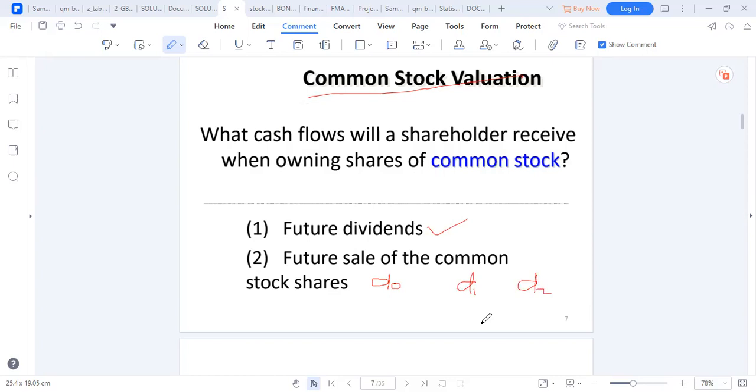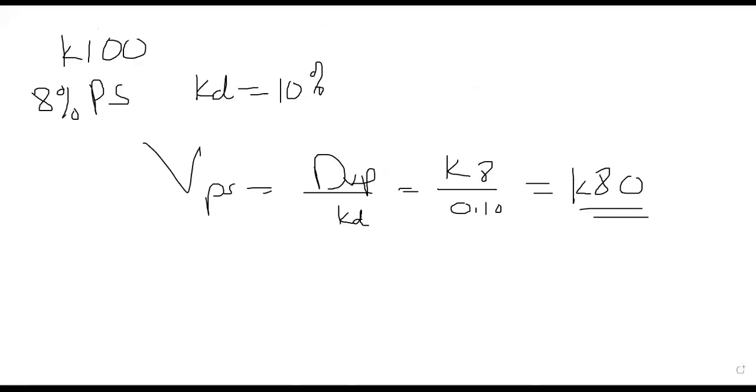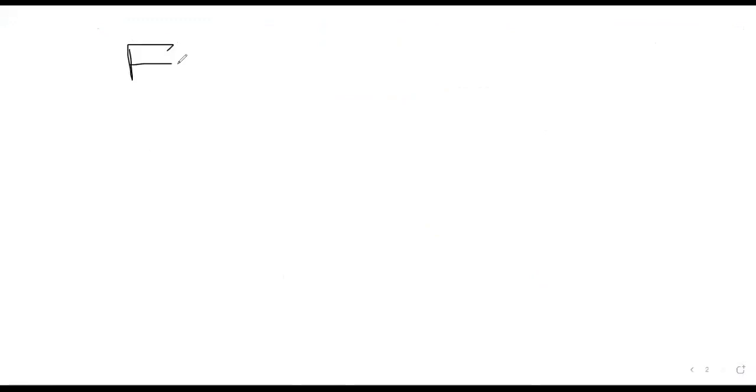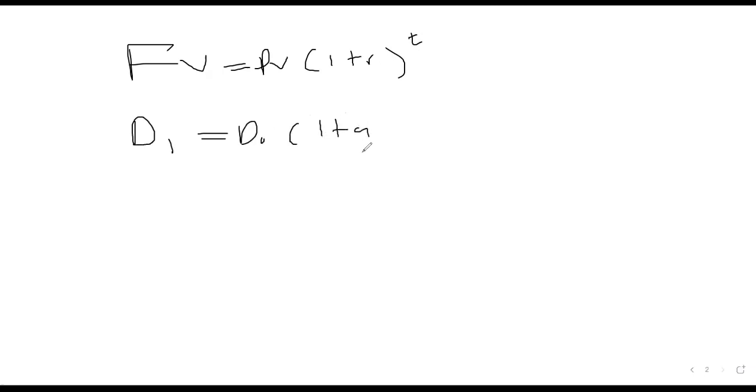So using the future value formula, which we know is future value equals present value times (1 plus R) to the power of time, we're going to use the dividend. Dividend 1 is equal to dividend 0 times (1 plus growth) to the power n. So the n is the difference in the years; here the power is 1.